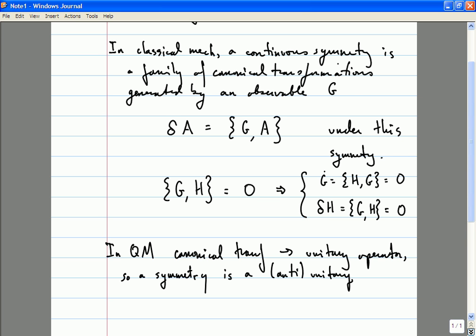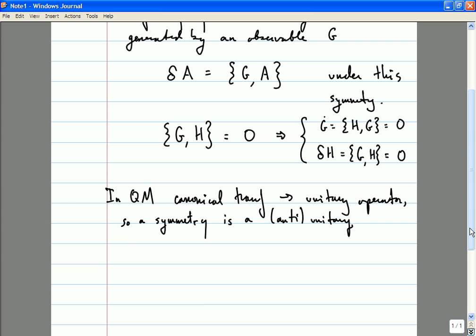Recall that we defined anti-unitary operators, I think, in the first or second lecture of this course. But it's some sort of linear operator which acts on the Hilbert space. So it will take a ket in the Hilbert space to some operator acting on that ket. I've denoted the operator U, thinking of the more common case where U is a unitary operator. But in general, it could be an anti-unitary operator as well.